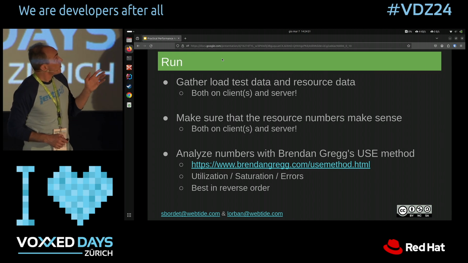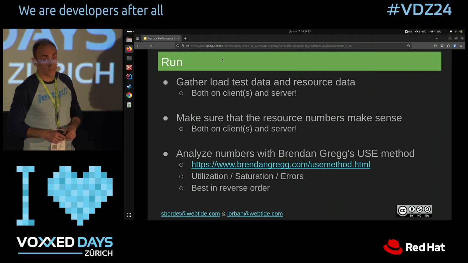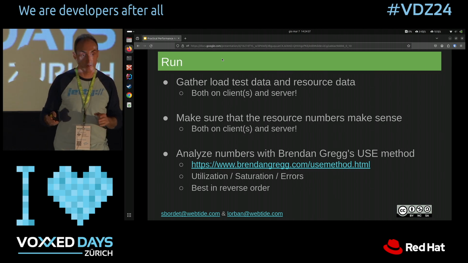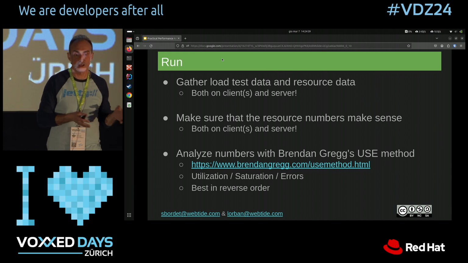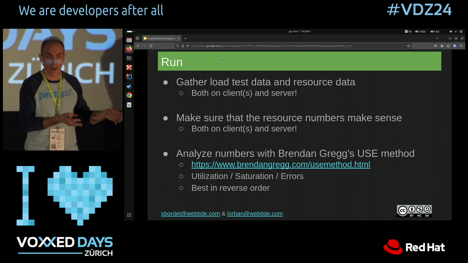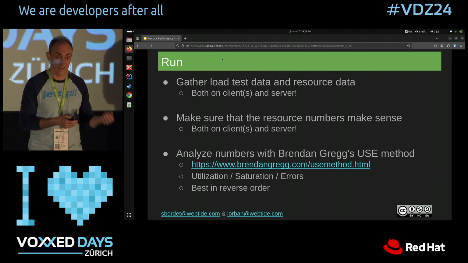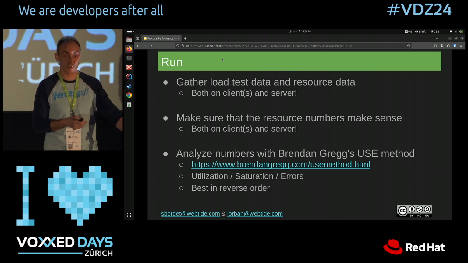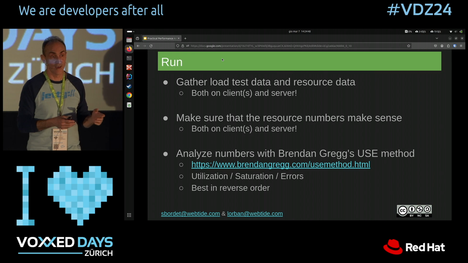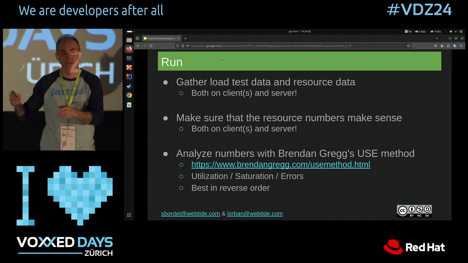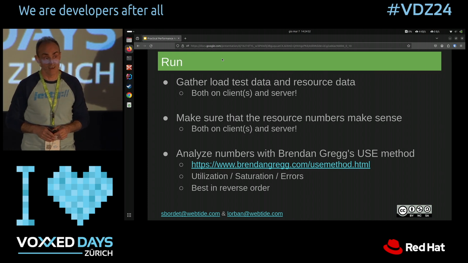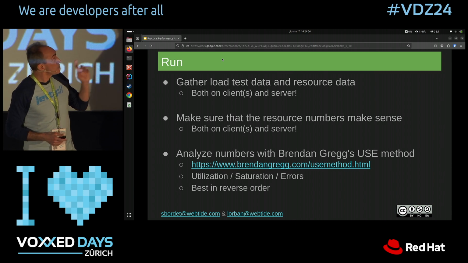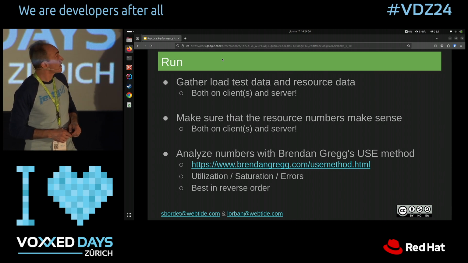And then what you really need to do is, oh, by the way, do it both on the client and on the server, right? Because you want to test the server, but you really want to test the client, because sometimes the client, you think they're sending 60,000 requests per second, but they're not. Okay, and so you think, oh, my server is able to do 240,000, but really, maybe not. So both client and server need to be recorded.